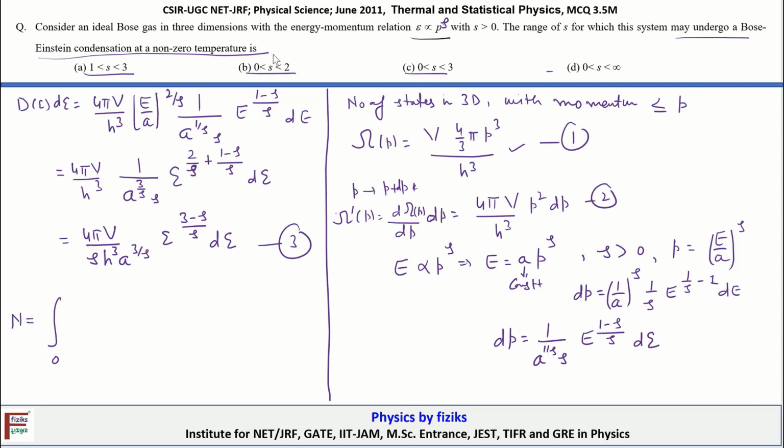So that is the integral from 0 to infinity of the density of states dE divided by the distribution function, exponential (E upon kT) minus 1.